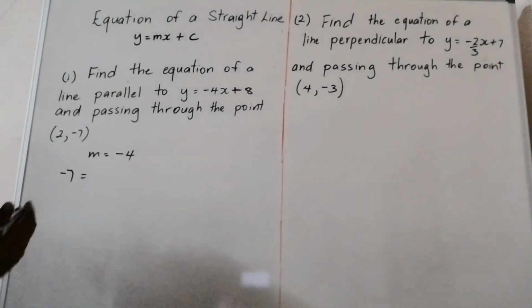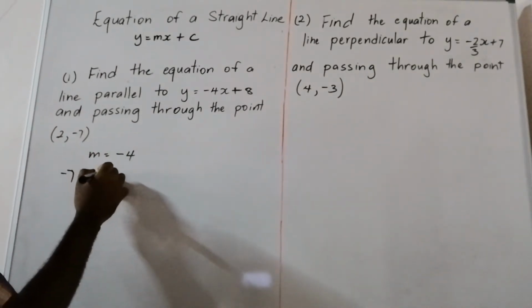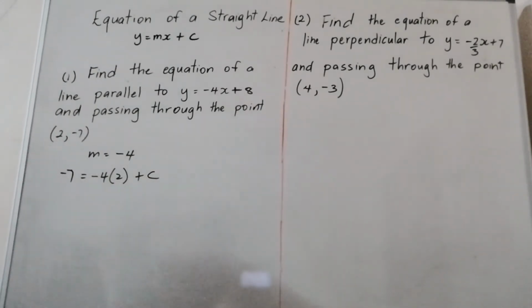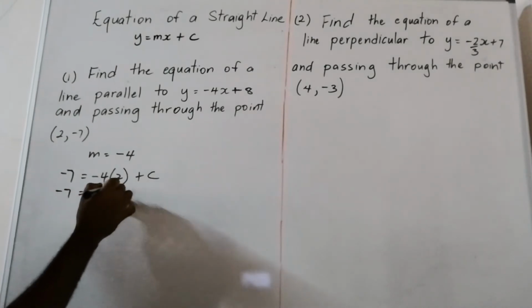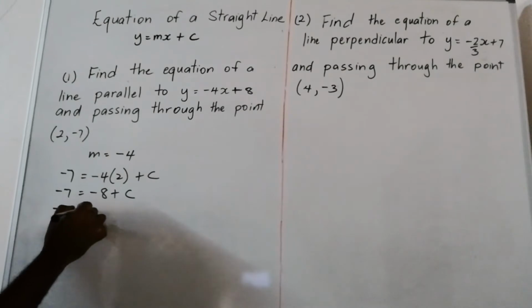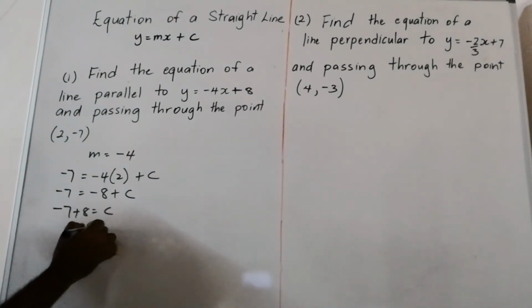We know that x here is 2, and the gradient is minus 4, so minus 4 times 2 plus c. Multiplying, we have minus 7 is equal to minus 8 plus c. Taking over our 8, minus 7 plus 8 is equal to c. Therefore, c is equal to 1.